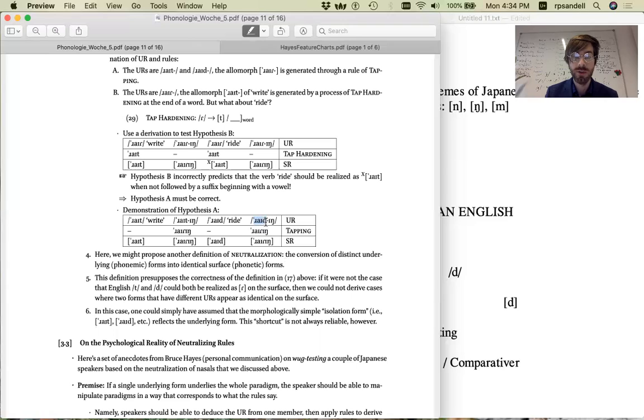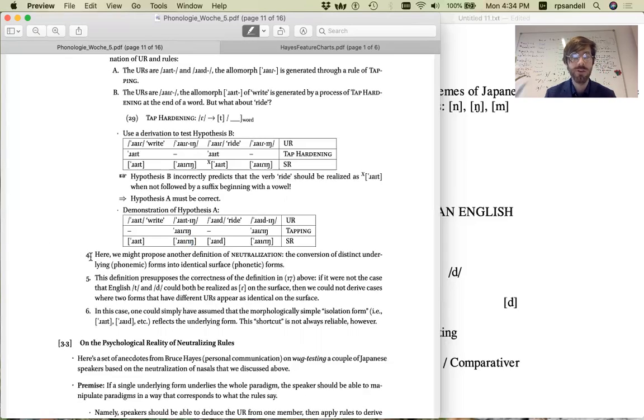So the morphemes ride and write, which in North American English are underlyingly distinct, become phonetically indistinguishable from one another when they are placed in this context where a vowel initial suffix follows them.